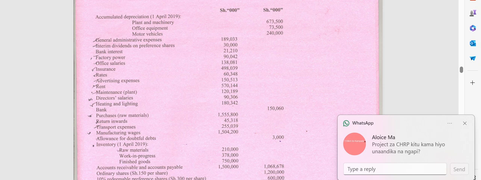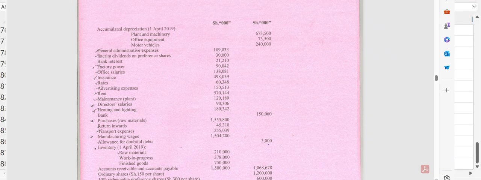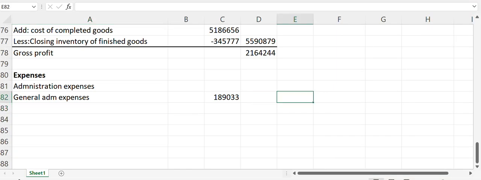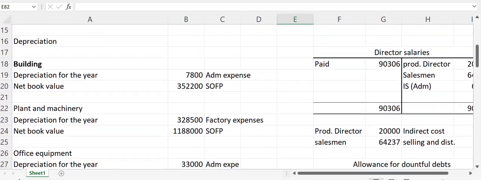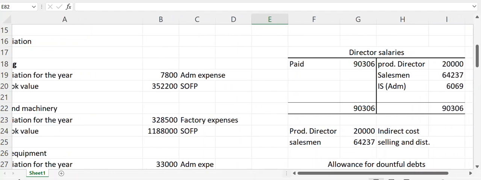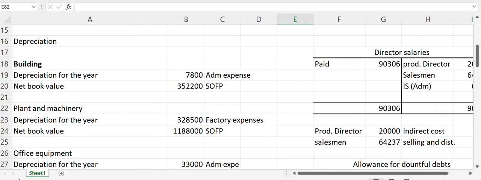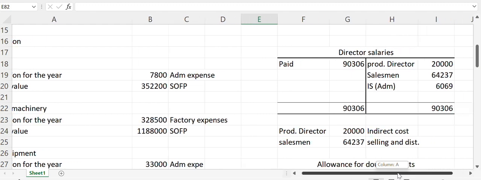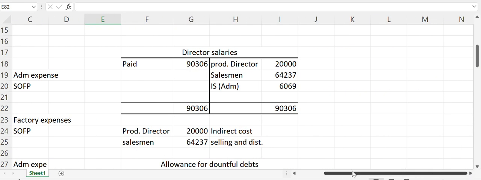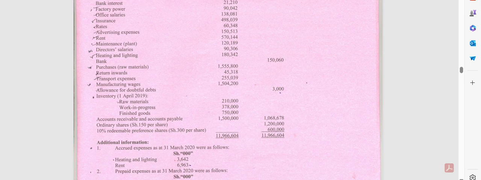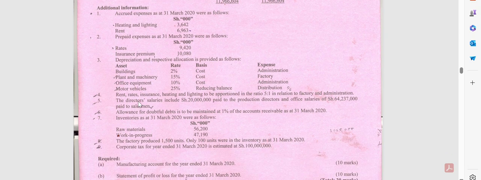So let us go back to our directors account. I need to be very careful here not to get it wrong. So for director salaries, let us check again. It says the director salaries include 20,000 paid to production directors.